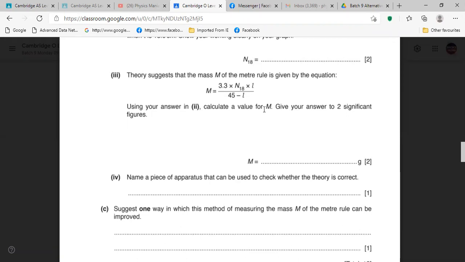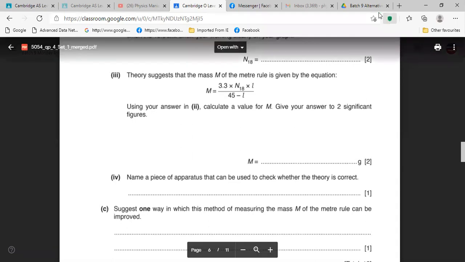Done. So what you got? M. 116.6 it was. Yes, sir. So it would be 120.0. Yeah, 120. You can write 120. That's it.